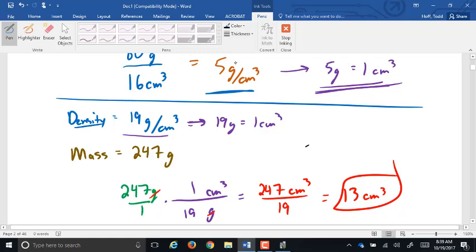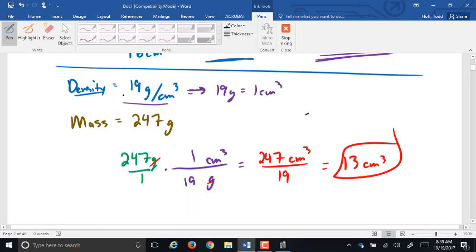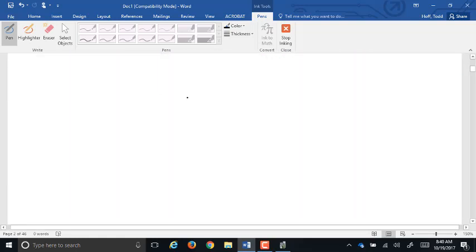Well, these conversions can also be used in a little bit more complex settings as well. For example, let's say that I tell you I can throw a baseball 90 feet per second.